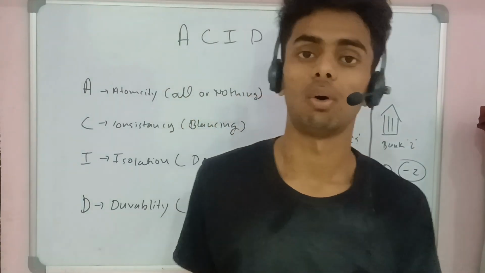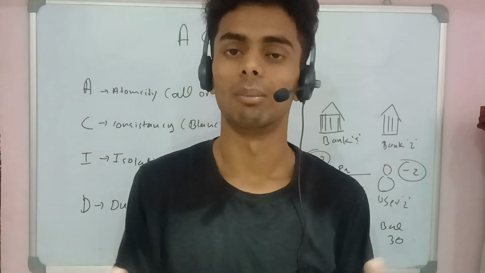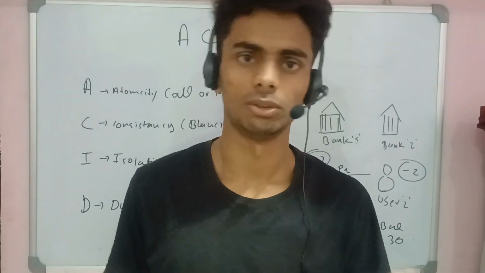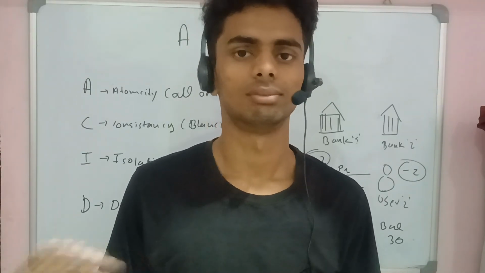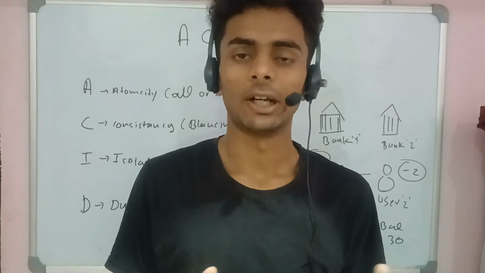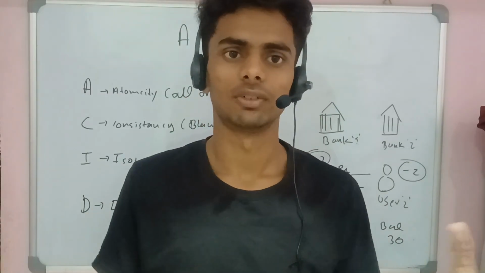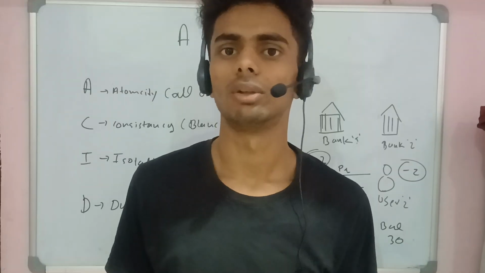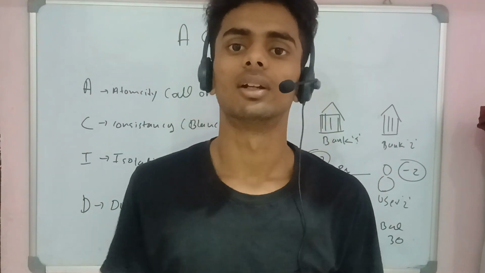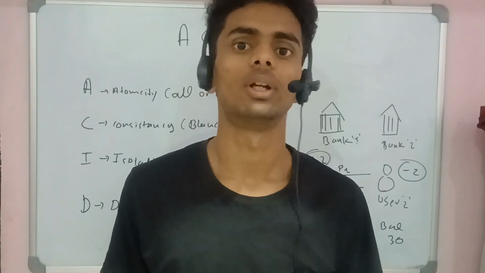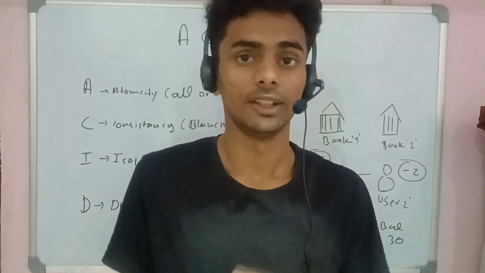We need to update all the numbers. We actually play with numbers; it's not that real money is physically transferred. The numbers are transferred from one person to another, and then we need to update them consistently without losing any information.